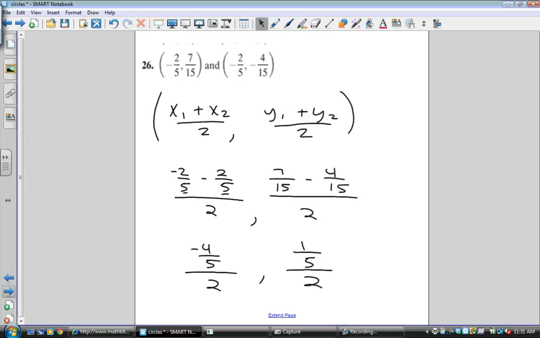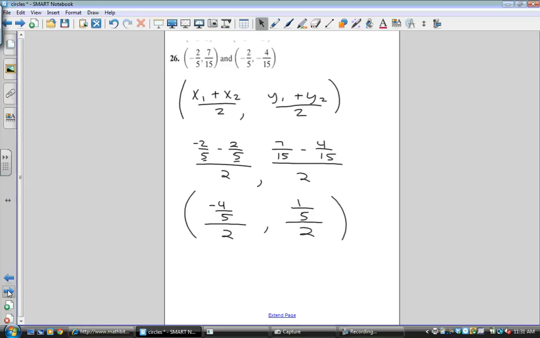Now that looks pretty complicated, so what we're going to do here, instead of thinking of it as negative 4/5 over 2, this would just be negative 4/5, and think of dividing by 2 as multiplying by the reciprocal. The reciprocal of 2 would be 1/2.